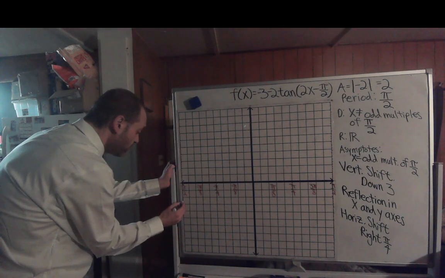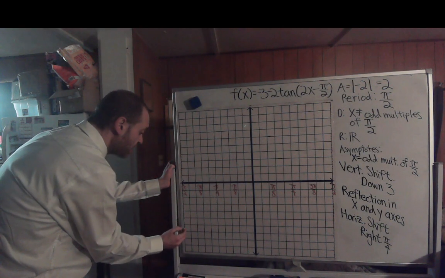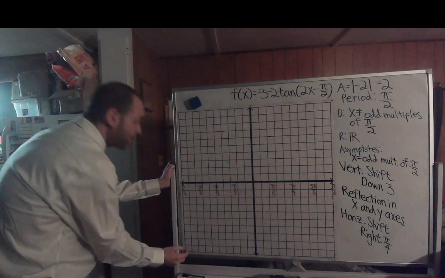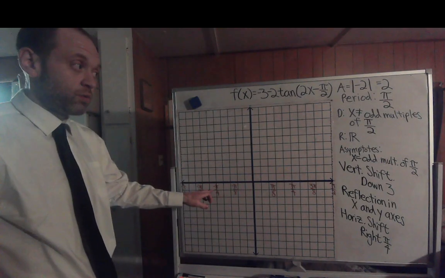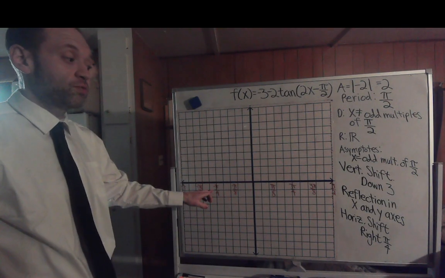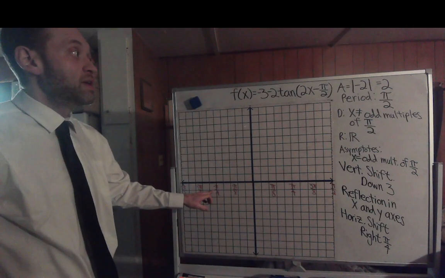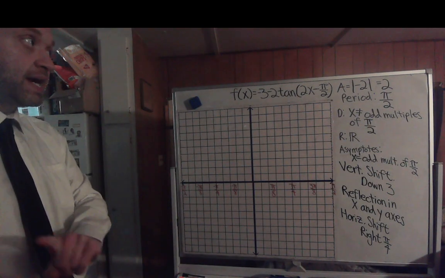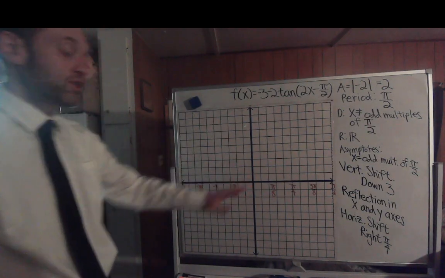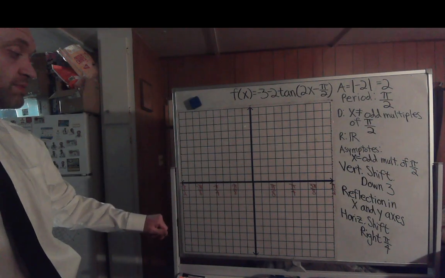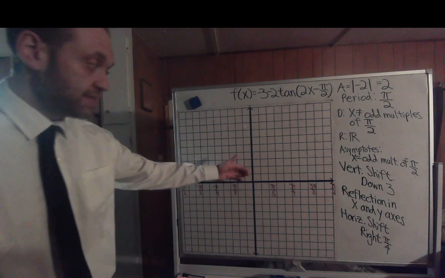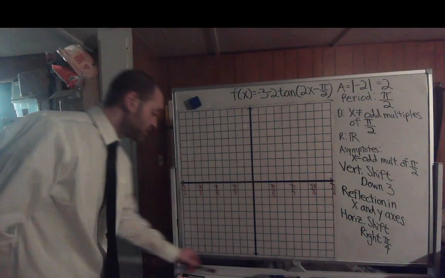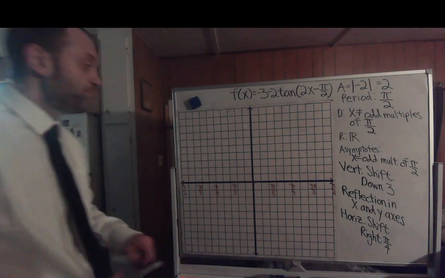If it was originally odd multiples of pi over 4, which negative pi over 4 would have been 1, but you shifted to the right pi over 4, that actually gives you another vertical asymptote at 0. So actually you have 3 vertical asymptotes. Positive and negative pi over 2, and then again at 0. So this is going to be an interesting graph.